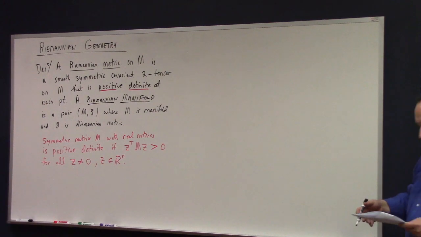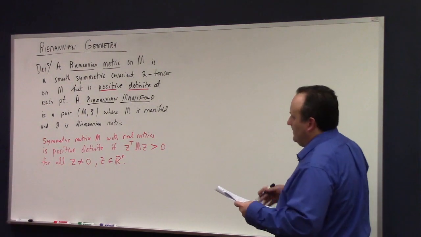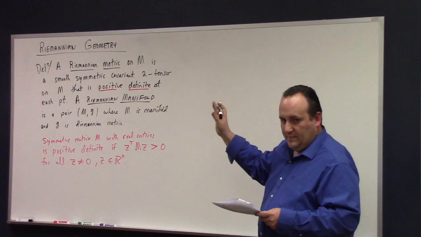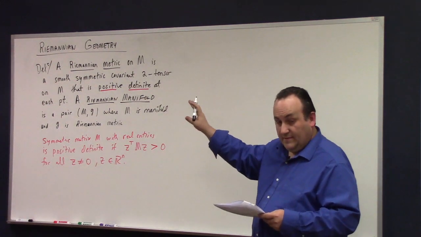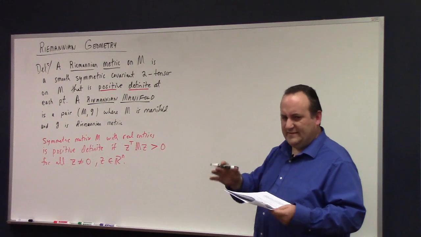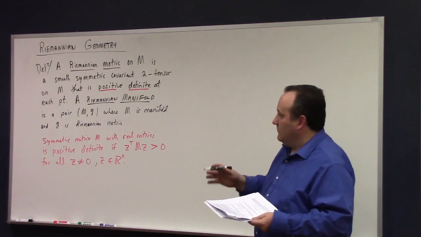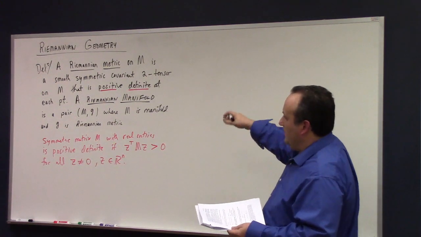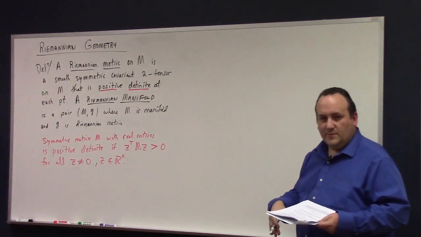It turns out that you can define a metric on the manifold in that sense, but we don't call that a metric in here. We'll call that a distance function. The metric will be the symmetric covariant 2-tensor on M that's positive definite at each point.